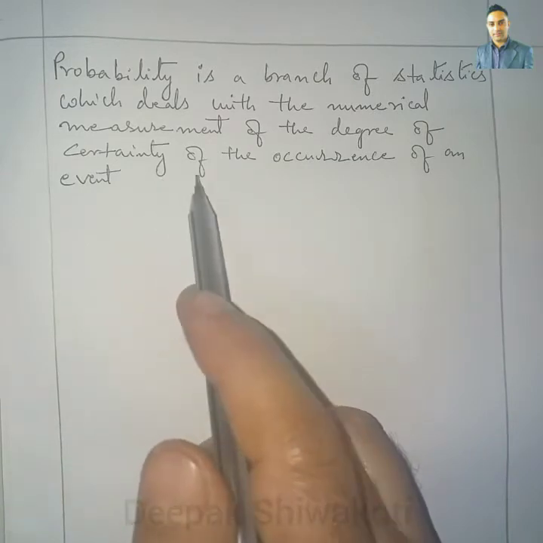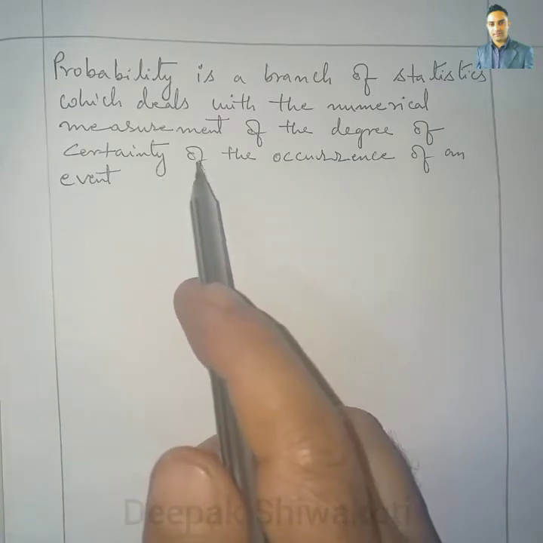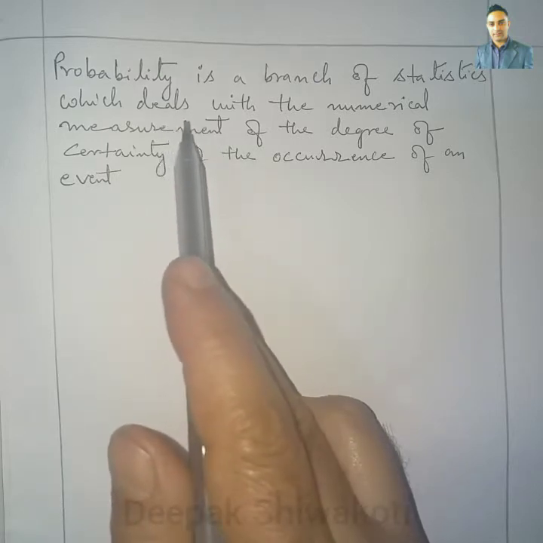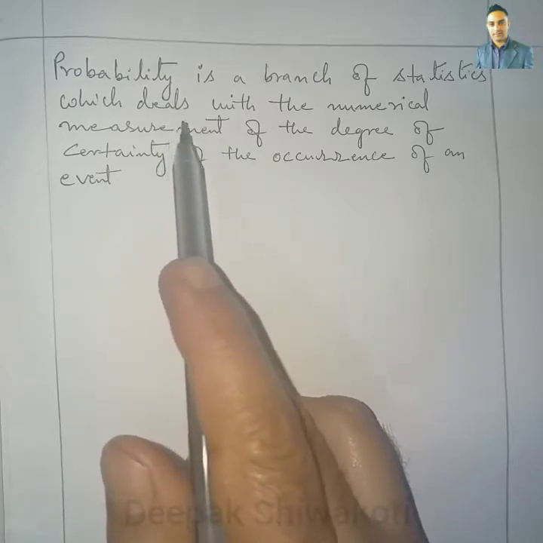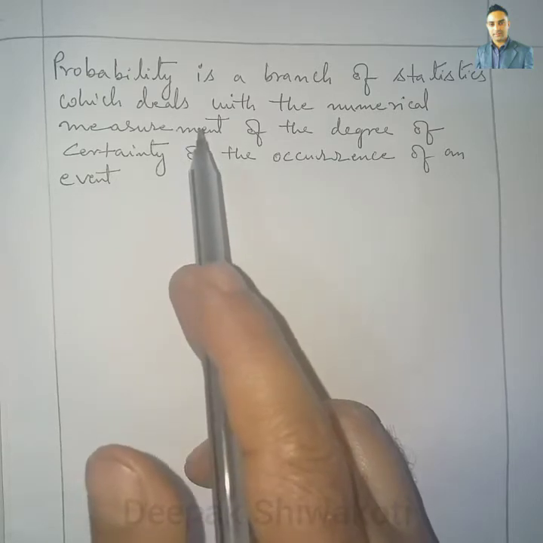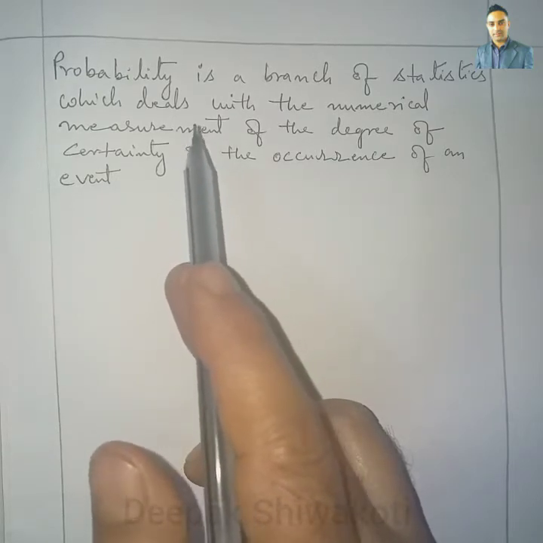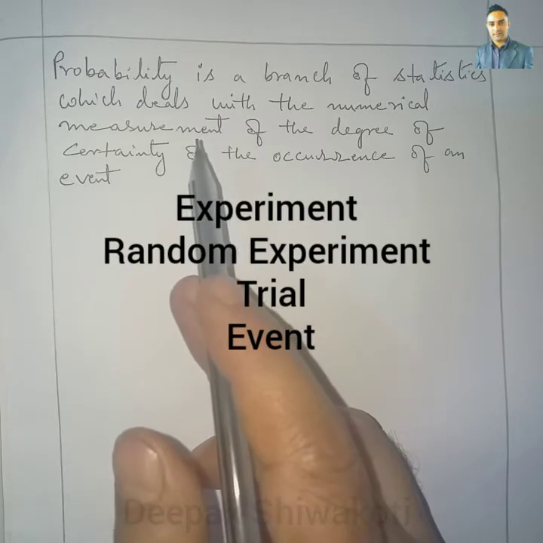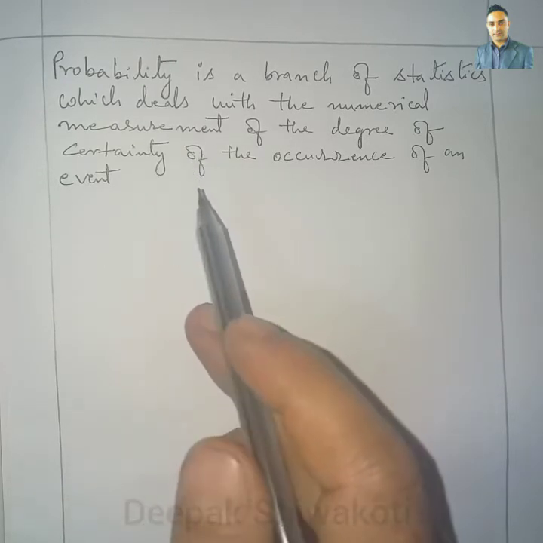So of any event, the possibilities of occurrence is determined by the probability, okay, by the method described in the chapter probability. Okay, so here few terms related to probability like experiment, random experiment, trial, event we need to understand.